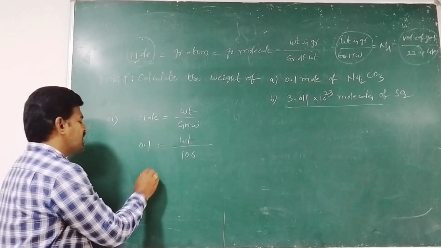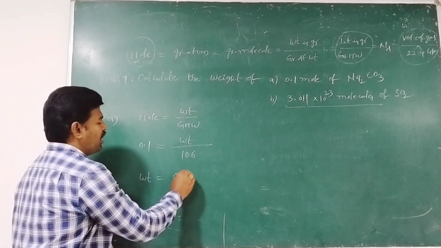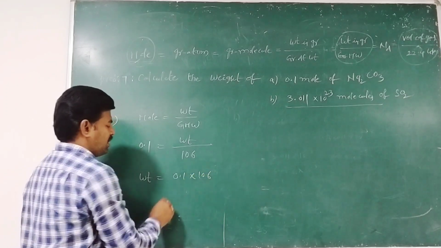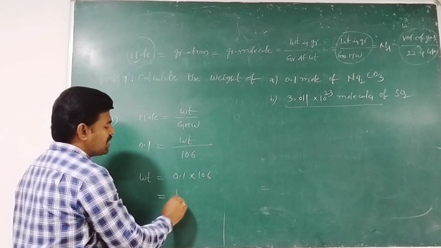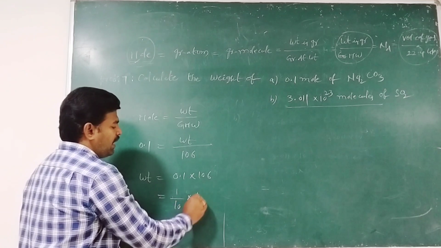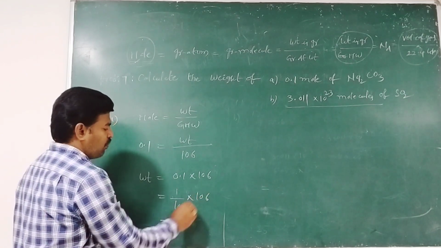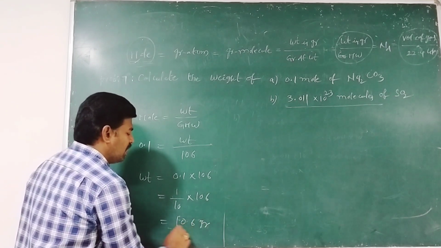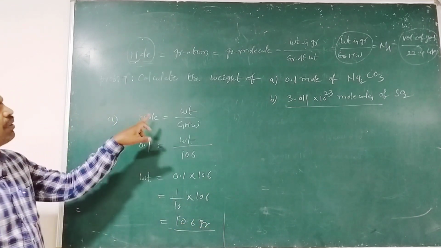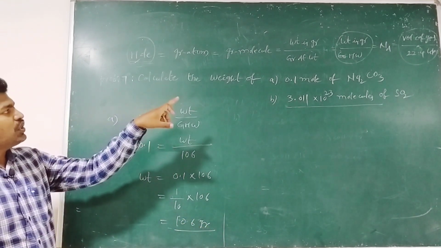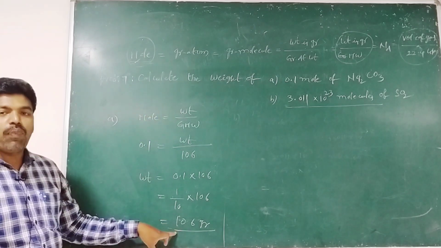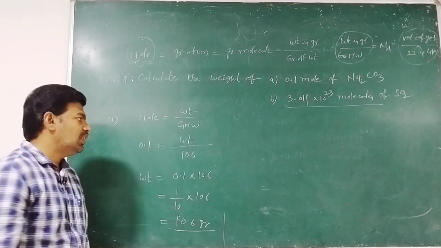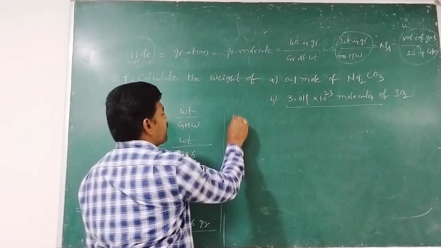Therefore, weight is equal to 0.1 into 106. 0.1 means 1 by 10, so 106 by 10 means 10.6 grams. Therefore, 0.1 mole of Na2CO3 weighs 10.6 grams.